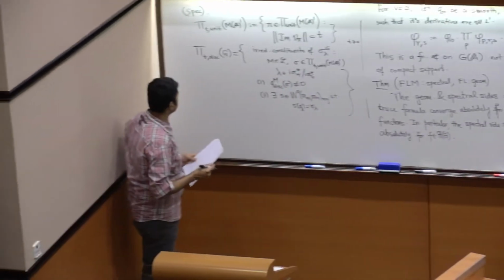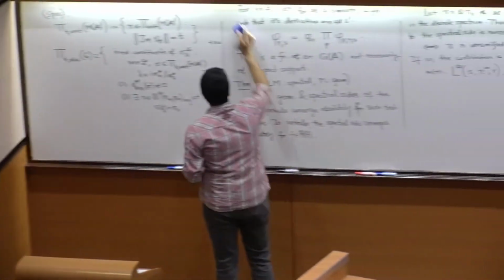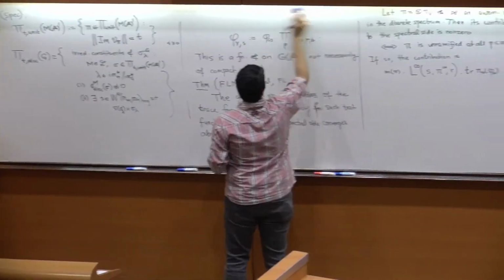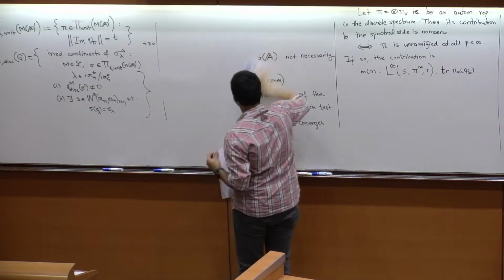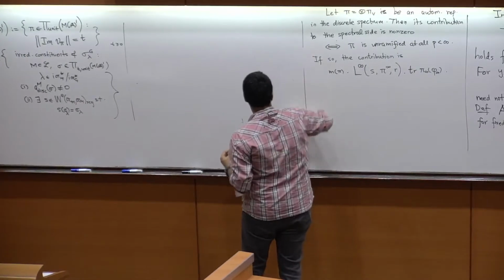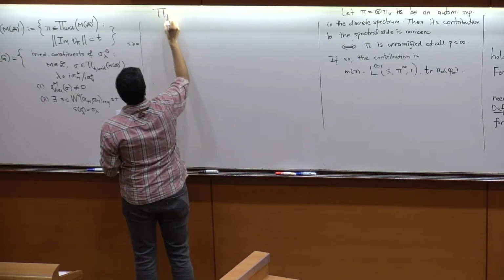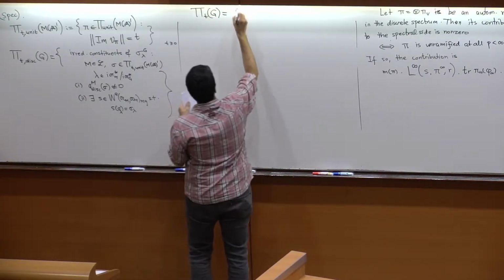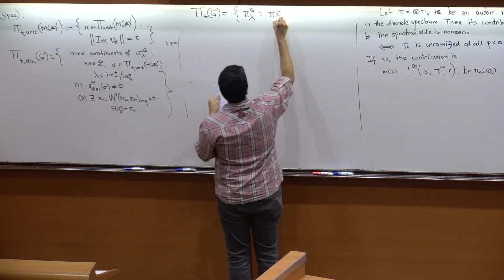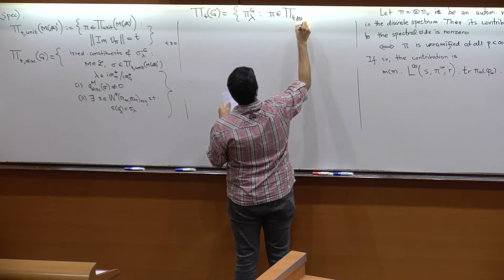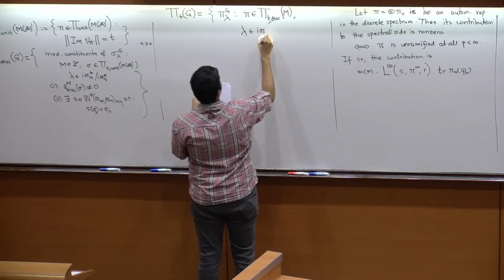So this is one set, and there is something more. Pi_t(G) is the set of all pi_lambda of G, where pi is in Pi_t disc of M, and lambda is in i a_M^*.